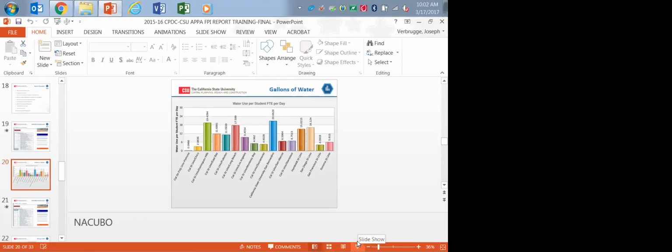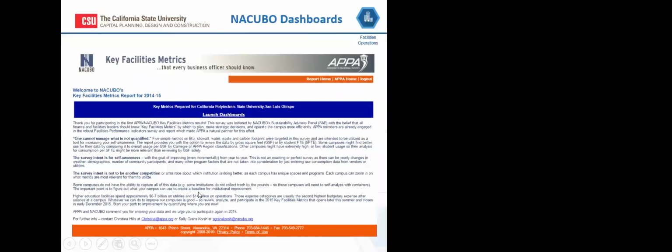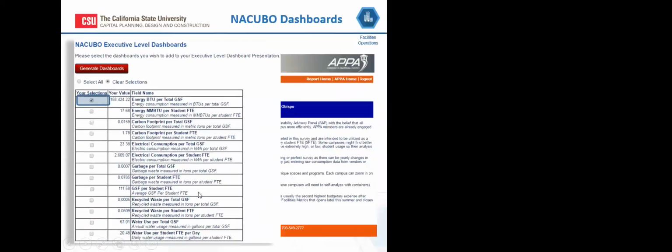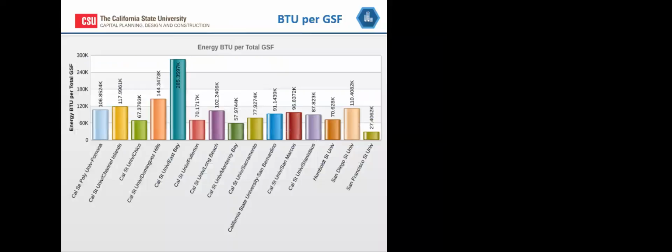So we're back to the slide. Okay, the next data point we're going to look at is again from the NACUBO, and this is the top selection in the list that we saw. So we're looking at energy BTUs per total gross square foot. Okay, again, this is important information to know where you stand in relation, know what your trending is.